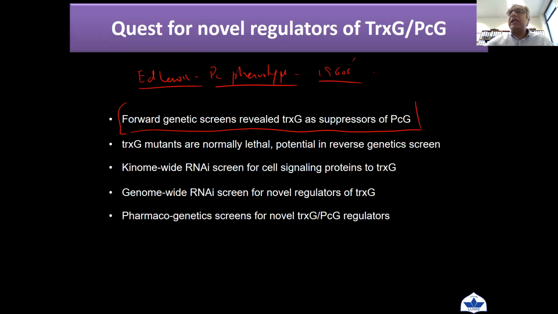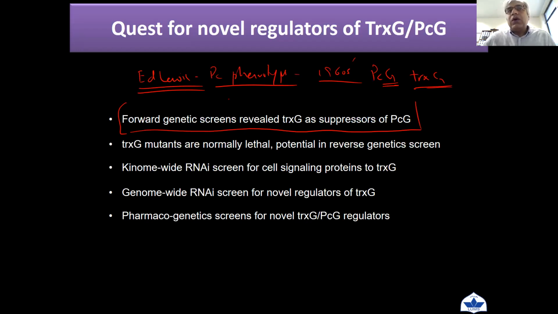His wife, Pamela Lewis, also used to work in his lab. And this extra sex comb phenotype was discovered. And since then, all the polycomb members or trithorax group members, when I say all, it means a big majority, were discovered through very successful forward genetic screens.